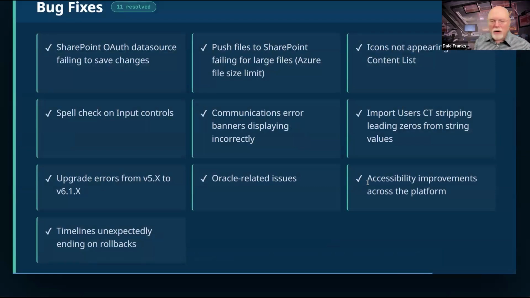We'll quickly go over some of the bug fixes that we added. There's only 11 here. There were a couple more than that, but I think the important ones were the SharePoint OAuth data source failing to save changes, and the push files to SharePoint failing for large files. It failed because Microsoft made it fail.